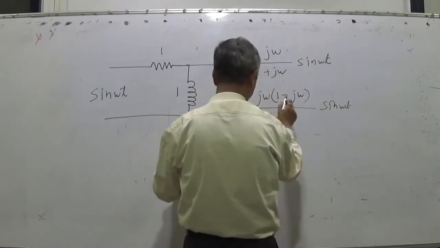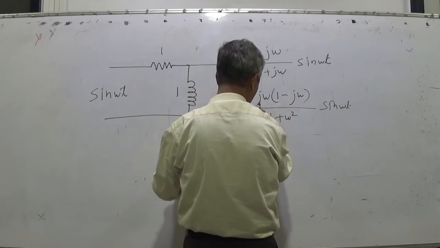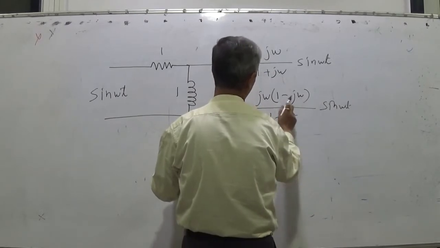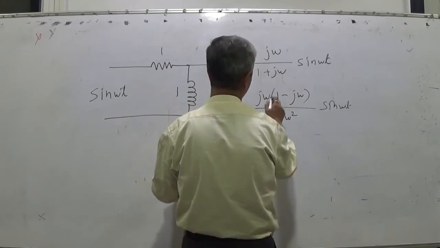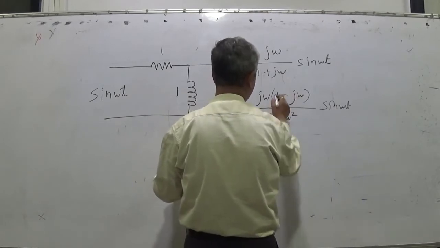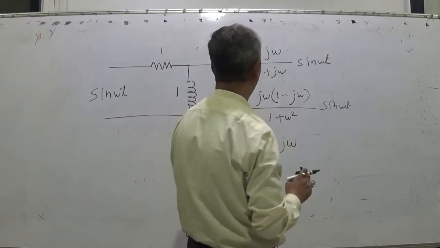It is j omega, j omega, so it becomes omega square, minus j omega.